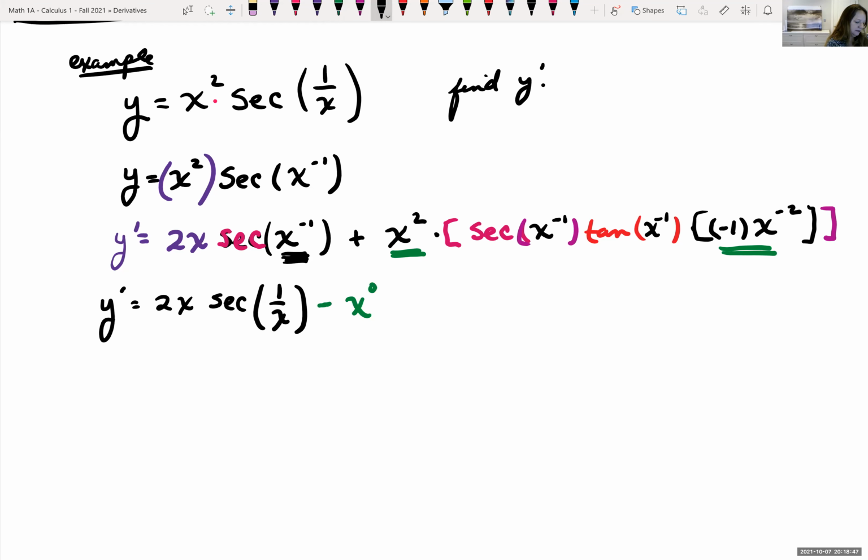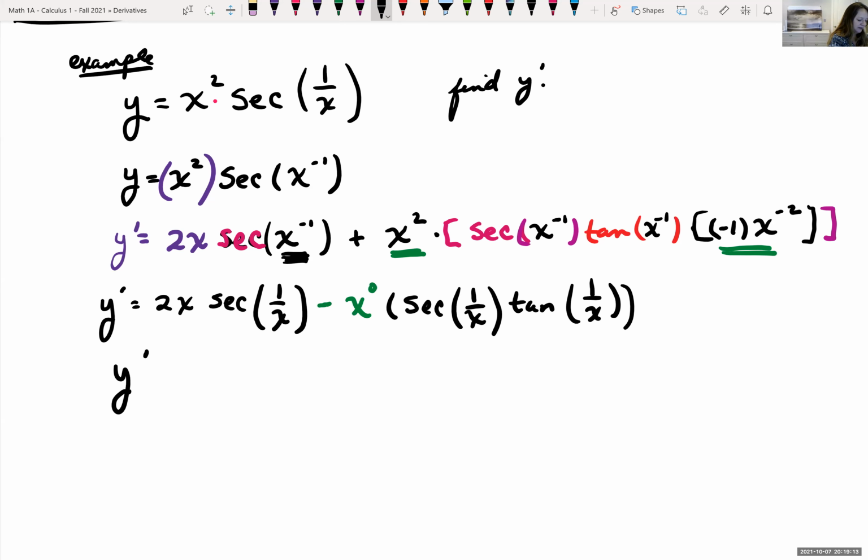Times, well, secant, we can rewrite x to the negative 1. So secant of 1 over x, tangent of 1 over x. So let's factor, let's pull out what they have in common, and notice each piece has a secant of 1 over x in common.